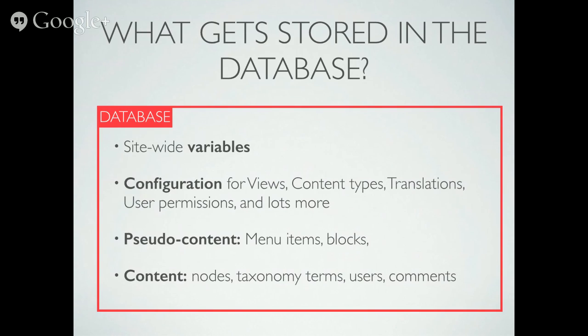You'll also find a lot of configurations, components like views and content types and translations, things that are really key to the functioning of your site. And then you'll also find content and things that are kind of like content. So things like menu items and blocks, which you might not always think of as content, but it's definitely the type of thing that's changing on a regular basis. It's the type of thing that an author or an administrator on your site might come along and add. And all of this is mixed together in the same database.